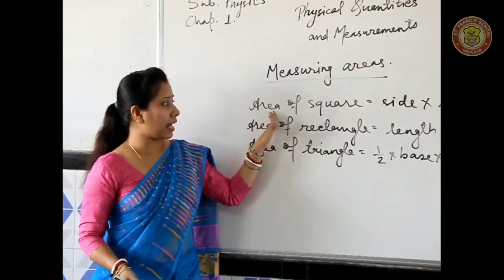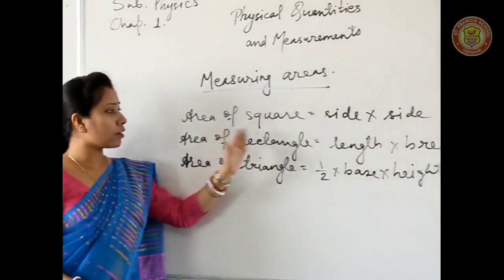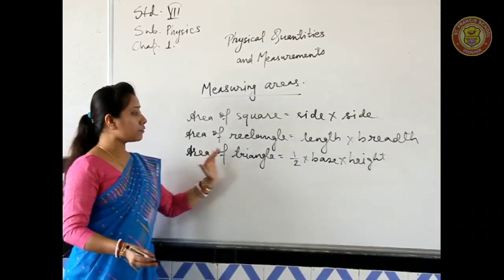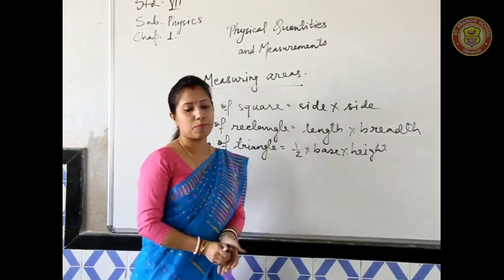Measuring areas, we have area of square equals side into side. Area of rectangle equals length into breadth. Area of triangle equals half into base into height.